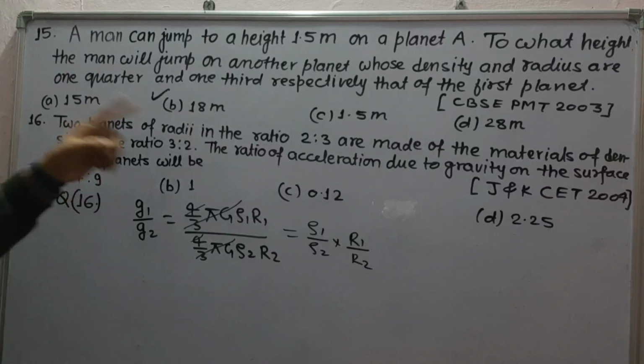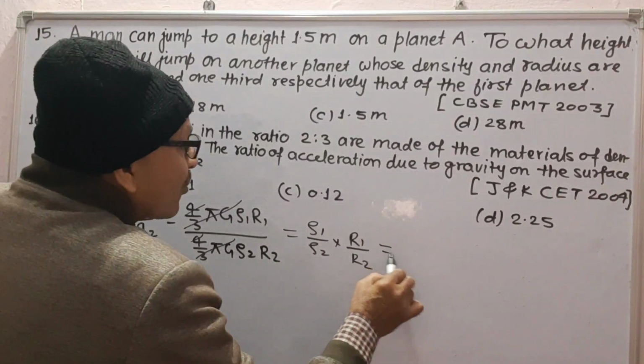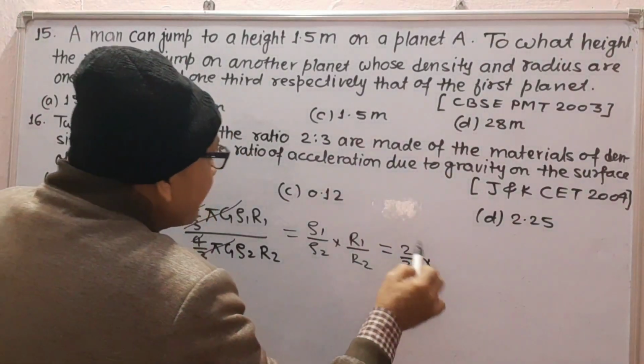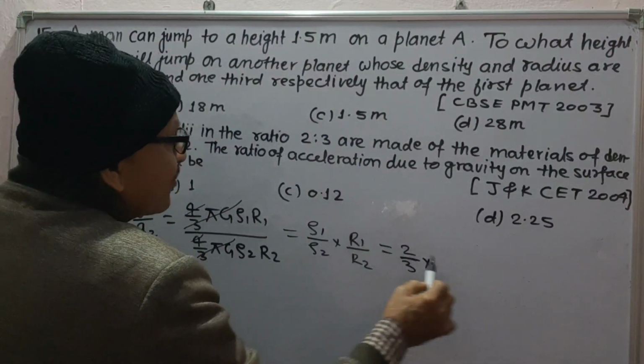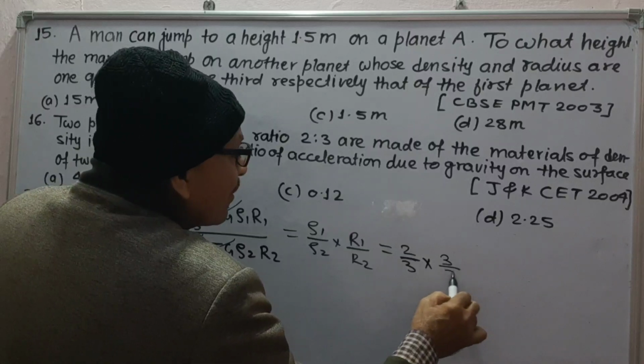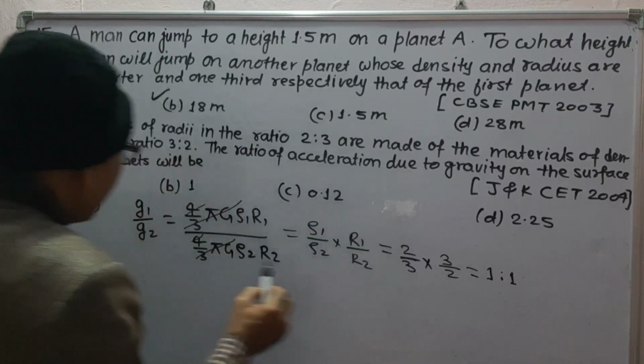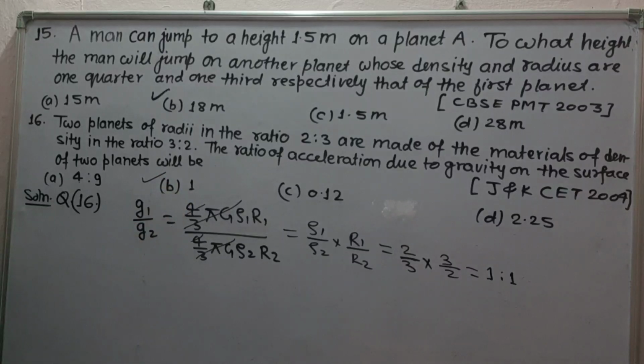Here the two densities are given in the ratio rho 1 upon rho 2 is 2 by 3 and r1 upon r2 is 3 by 2. So the required ratio will be 1:1 and the correct option will be B.